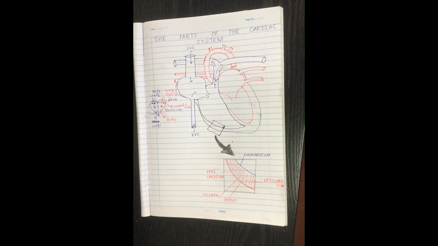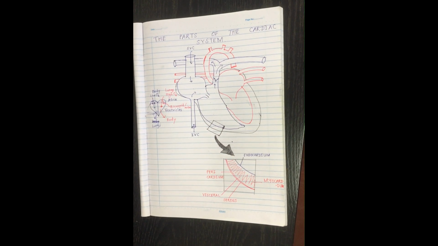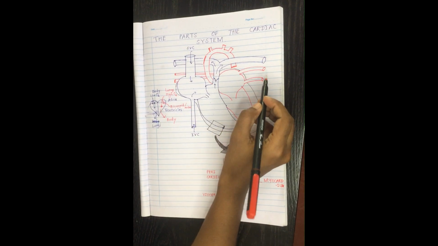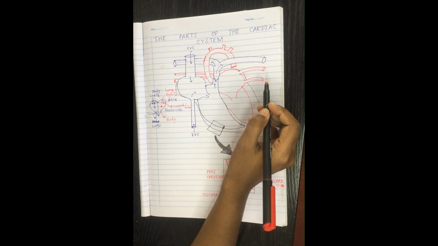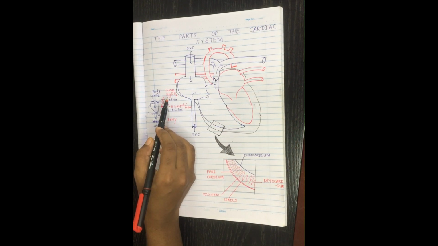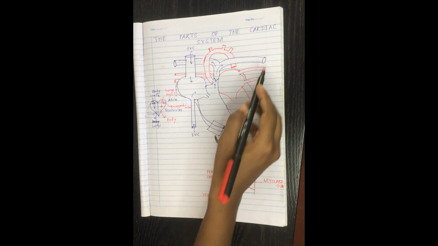Now we are going to talk about the right part of the heart. The right part of the heart collects the blood from the pulmonary system. I've already told you it's high in oxygen concentration, so it should come from the lungs.